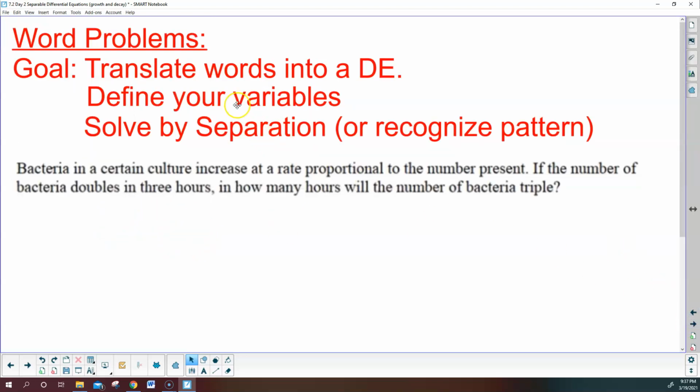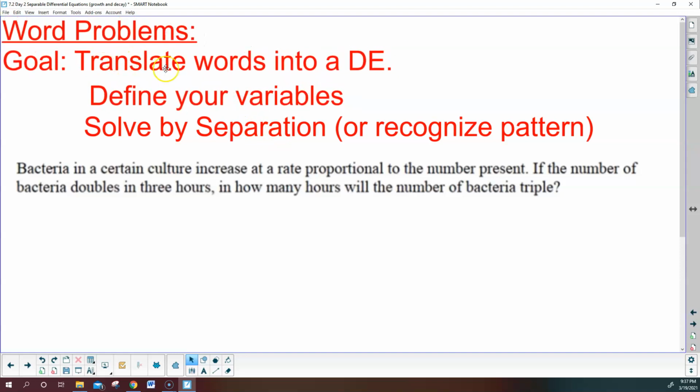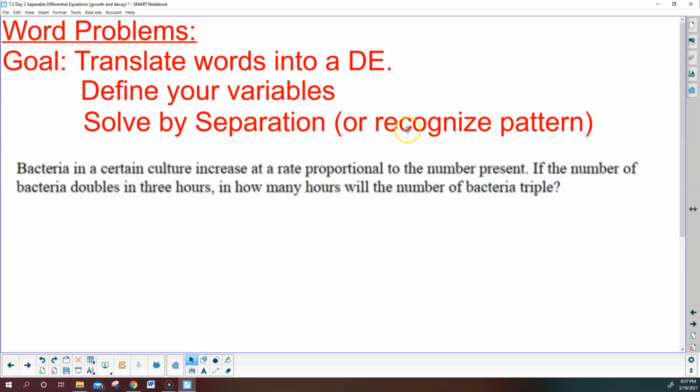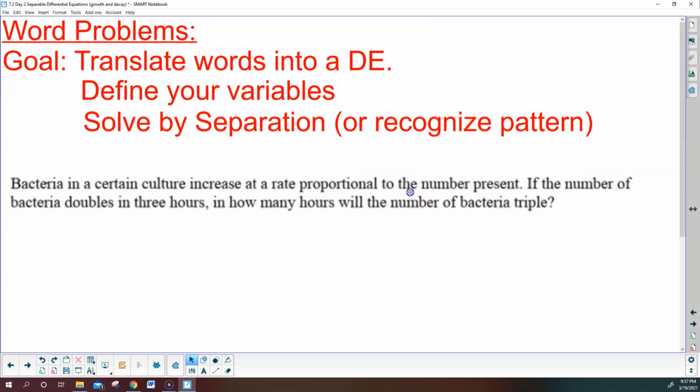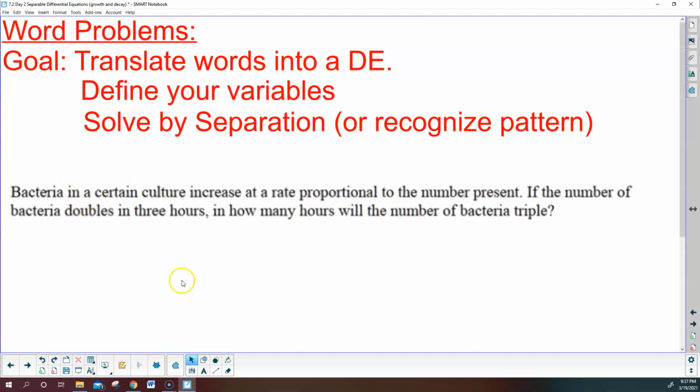Let's look at an example here. What's your goal when we have word problems? You want to translate the words into a differential equation, define your variables, and then solve by separation, or if you recognize that pattern, you can do that. So let me show you what we mean by this problem right here. Bacteria in a certain culture increase at a rate proportional to the number present.